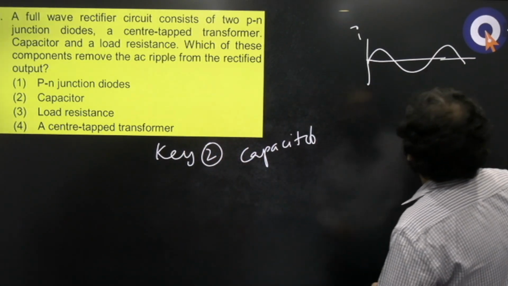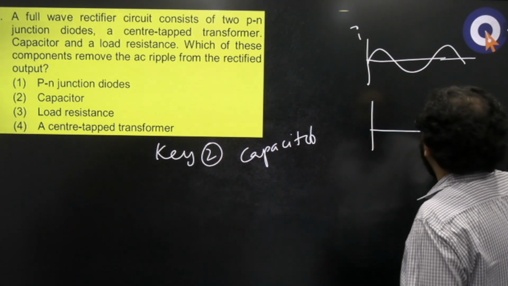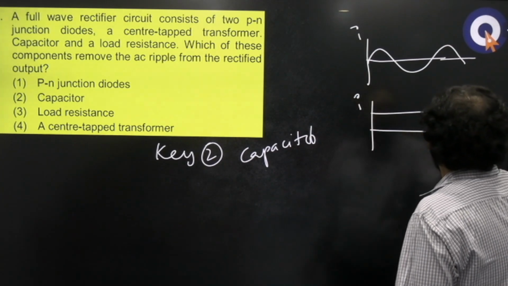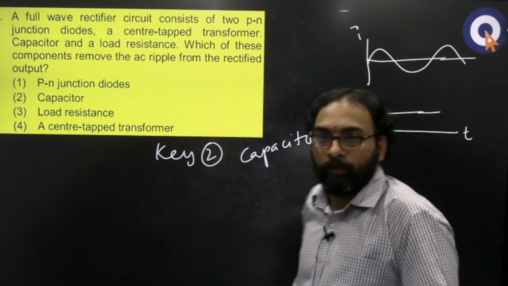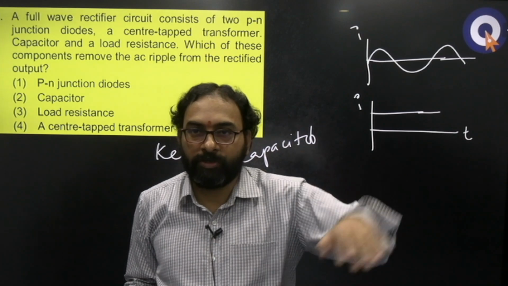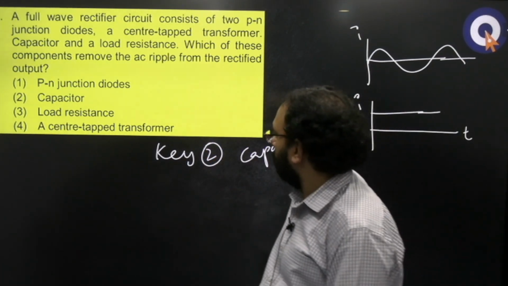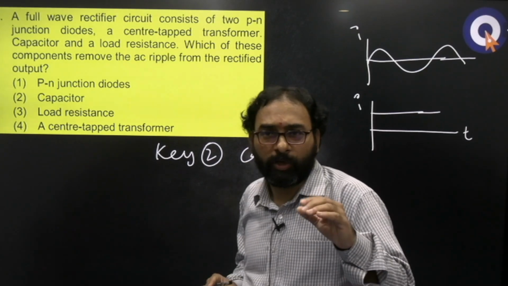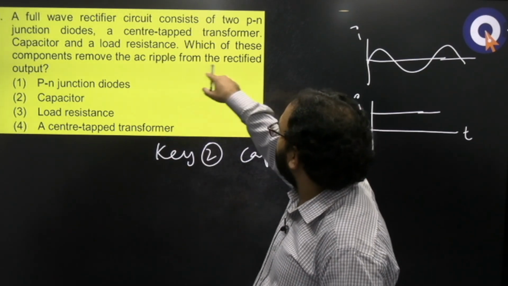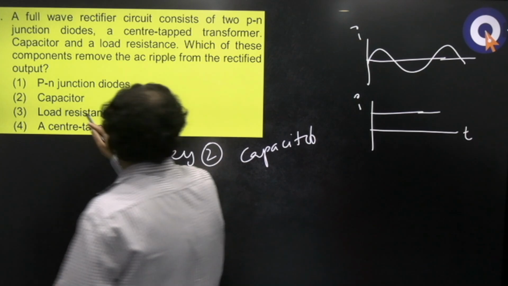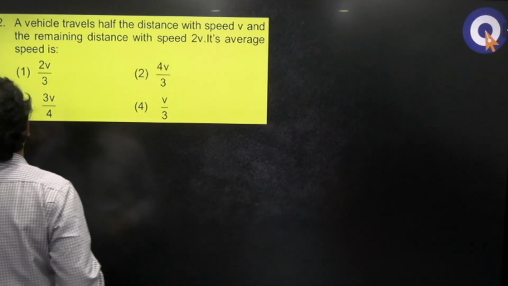And direct current means it is without any change. By magnitude, or at least by direction, it has to be constant. So the capacitor's role is to remove ripples from the rectified output. So second option, key is 2, conceptual question.